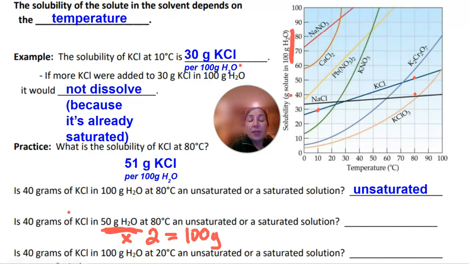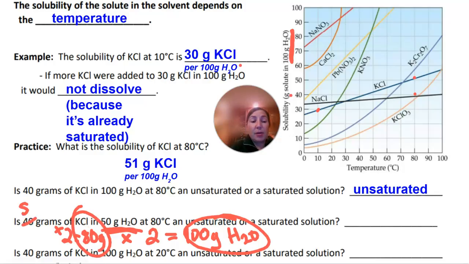We need to think about this amount of KCl doubled. If 40 grams were doubled, you'd actually have 80 grams of KCl in 100 grams of water. So we're really asking, is 80 grams of potassium chloride in 100 grams of water unsaturated or saturated?